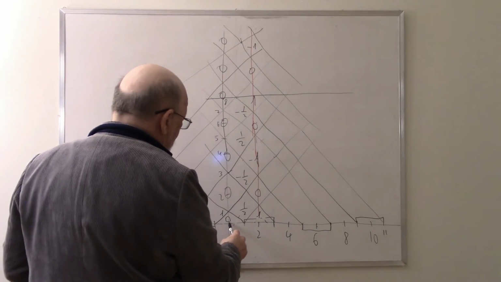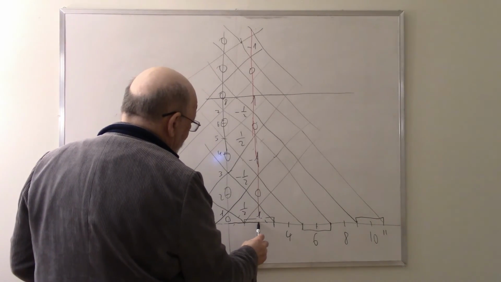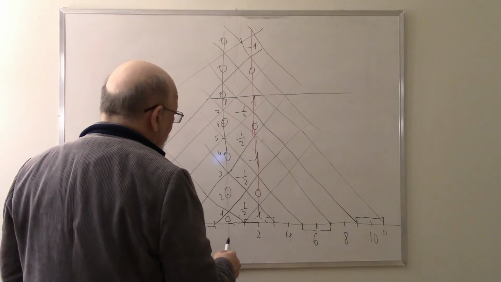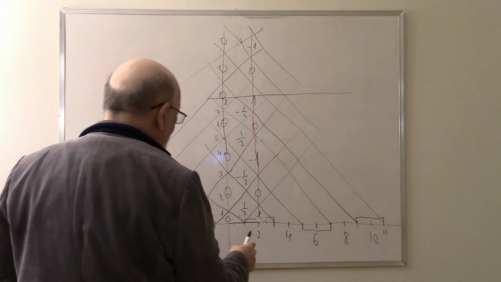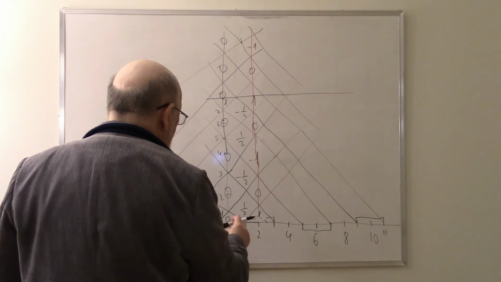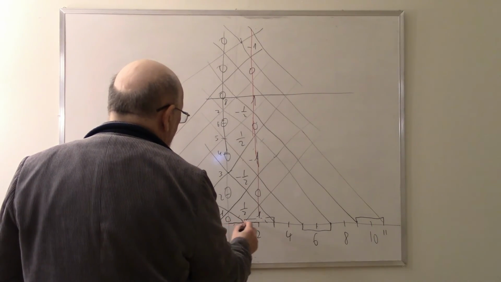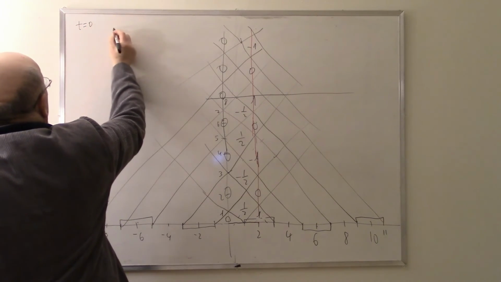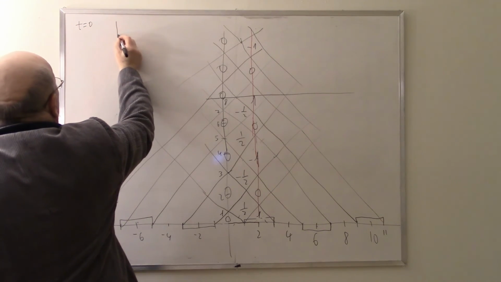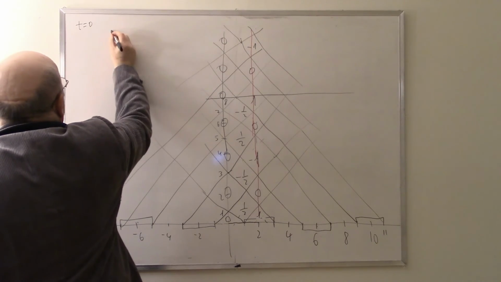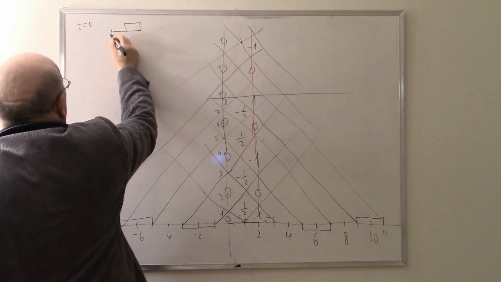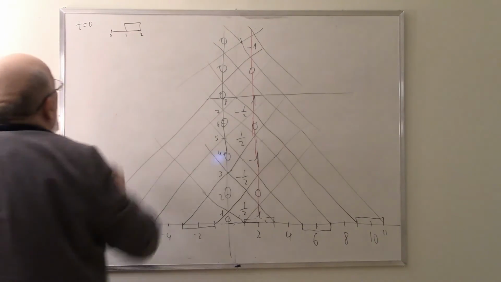So we have to take the segment x from 0 to 2 and for different t. For t equals 0, we have this picture. It is 0, 1, 2.